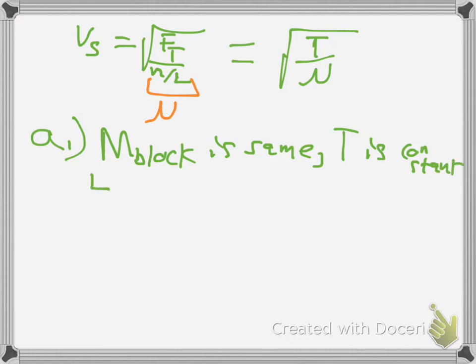Also, we know the length of the string is the same as well. So if we're looking at this equation, this is constant, and this is constant. So there's only one thing that can be changing, and that is the mass of the string itself.